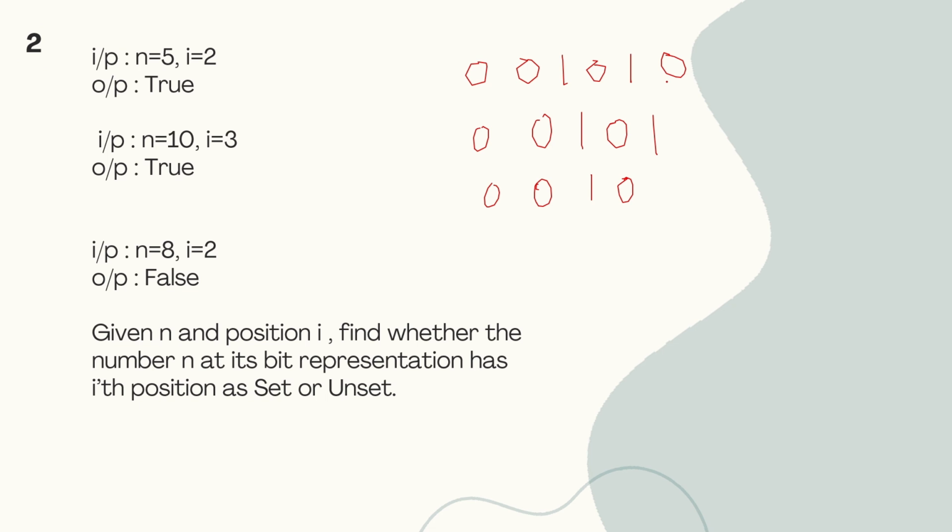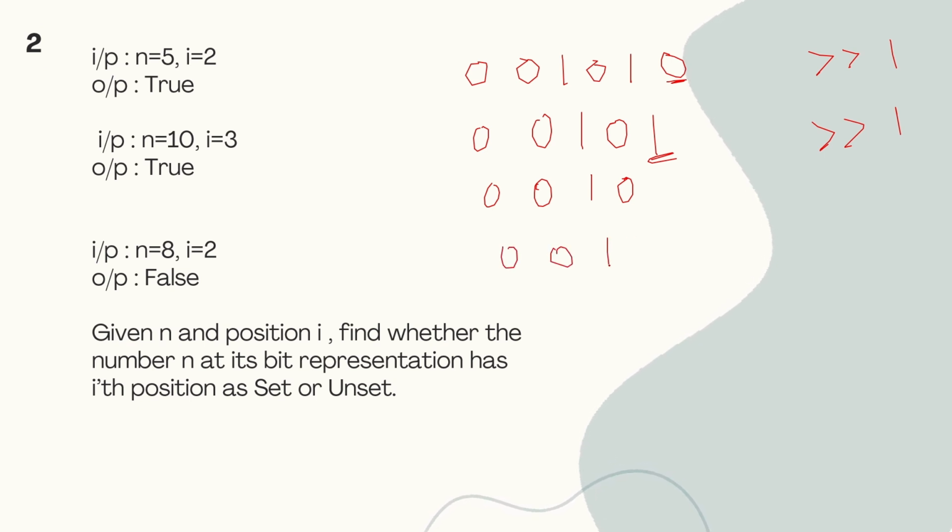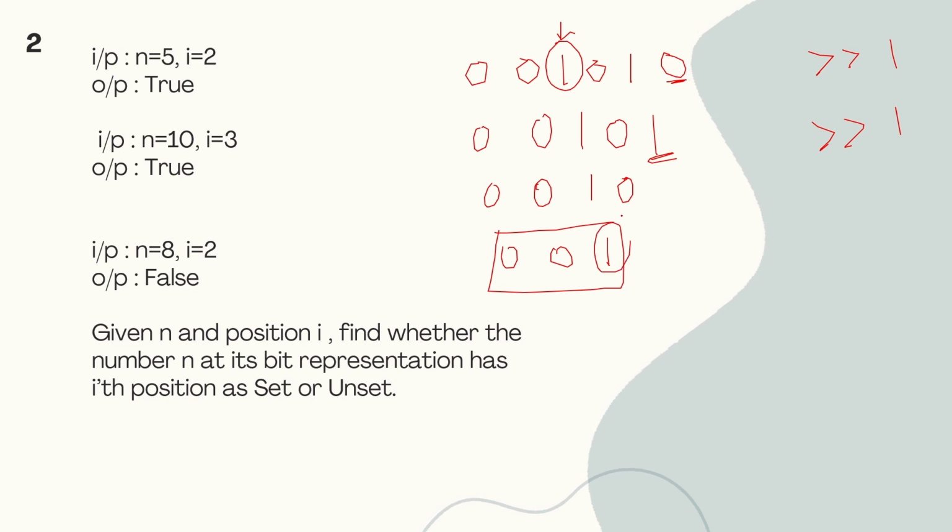If I right shift this number, you can clearly check my last digits are getting removed. And again if I do the same operation, 0 0 1. So you can clearly check I have done something to bring this third position, 0 1 2 3, to the 0th position. Now my task is done.